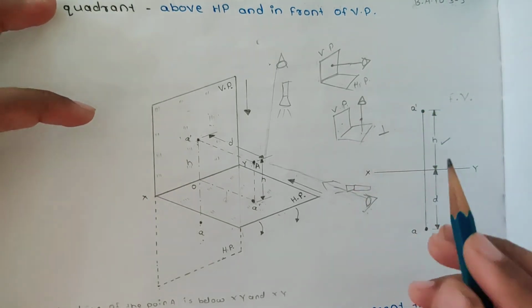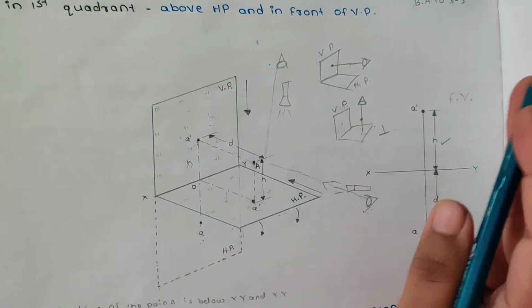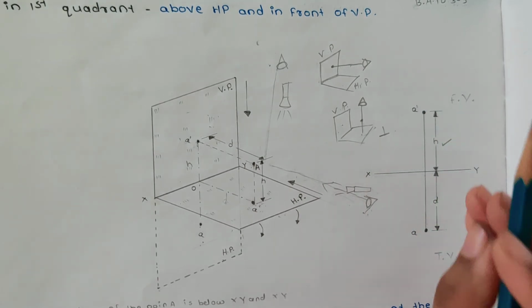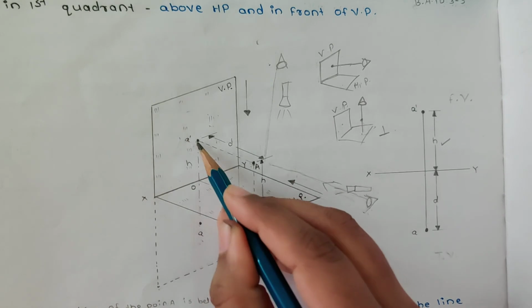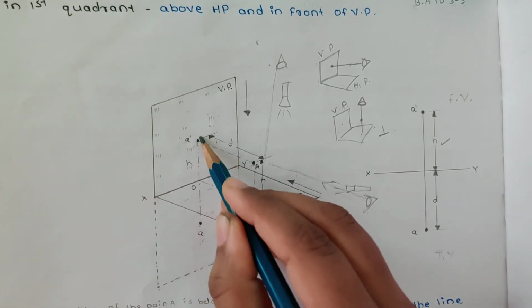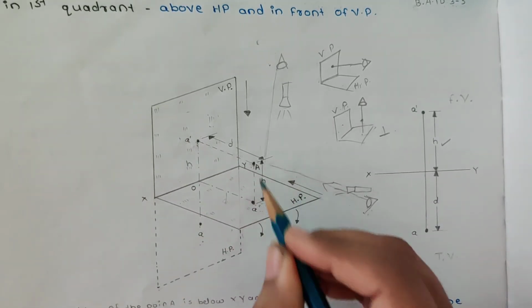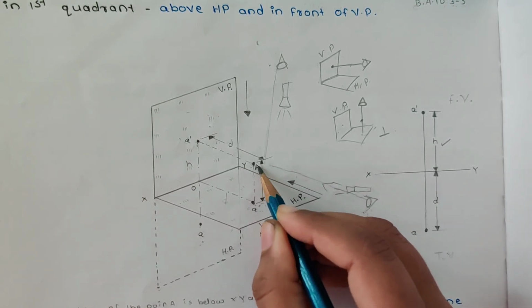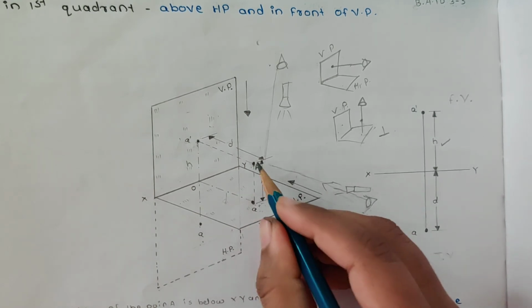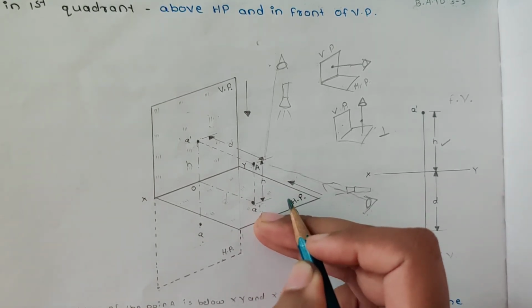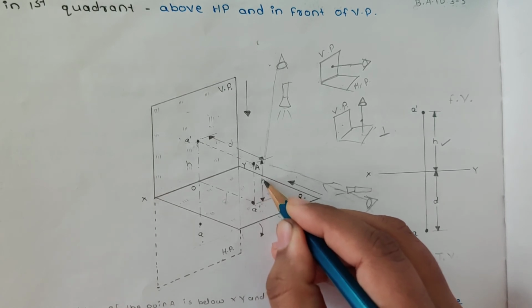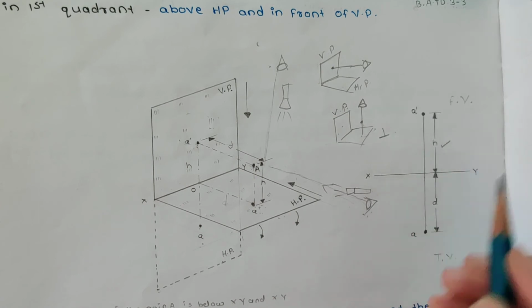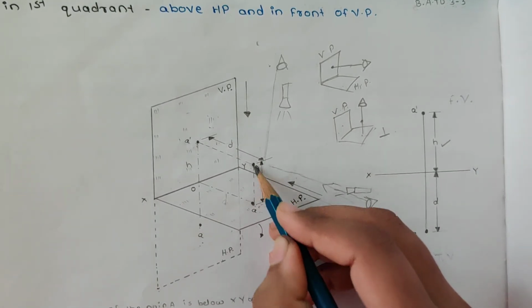Step 3, mark the front view, that is A dash, on the projector at distance H. See, this is H distance, means this particular point, the actual A point, is exactly located above HP at H distance. This is H, the height of that particular point.